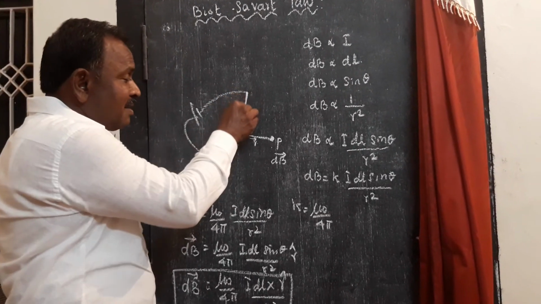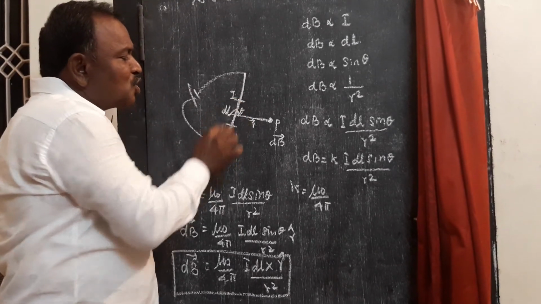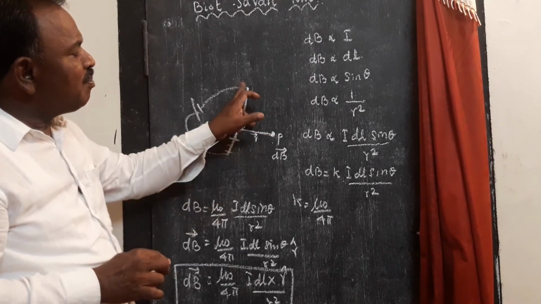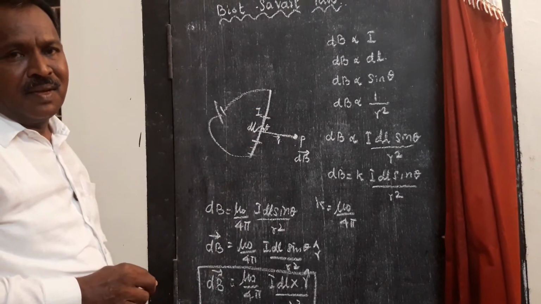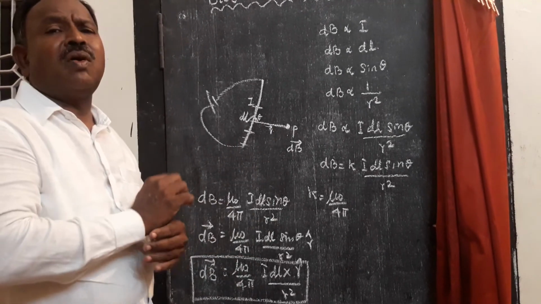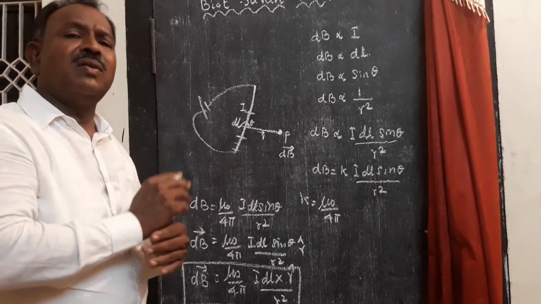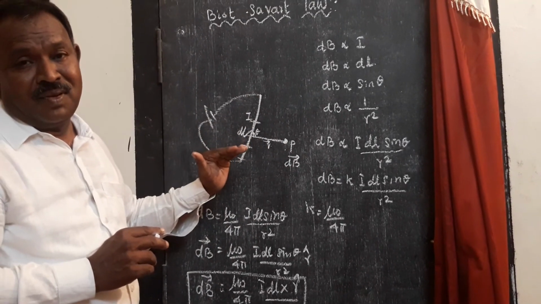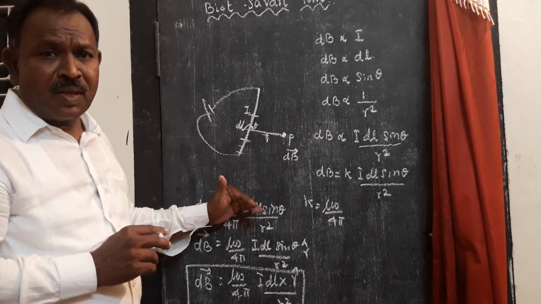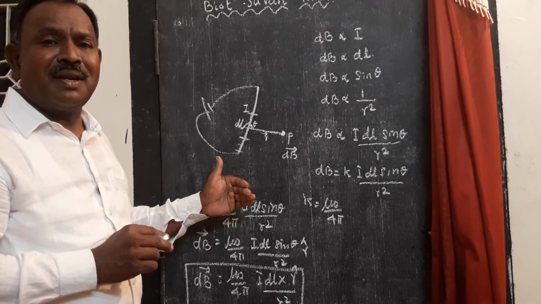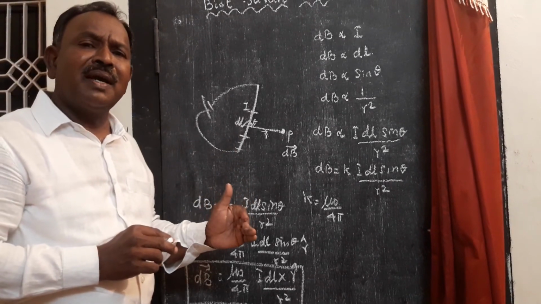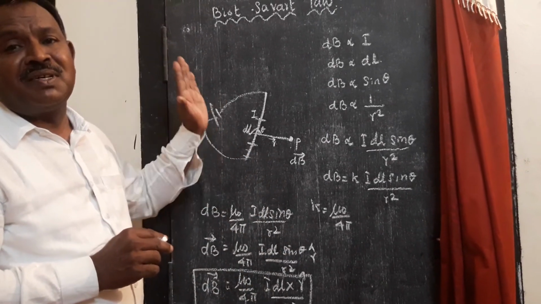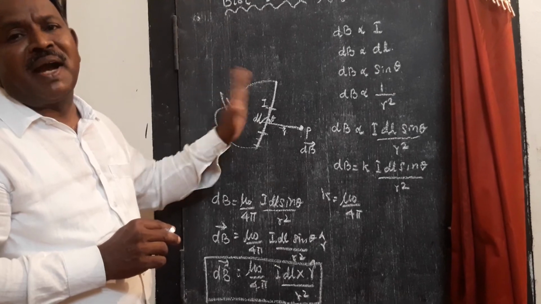The entire conductor can be divided into small such elements, and the magnetic induction due to every element at the point can be obtained. When we sum all of these, that will give the magnetic induction due to the current carrying conductor. In the next part, we are going to apply Biot-Savart's law and find the magnetic induction at any point due to a current carrying conductor.